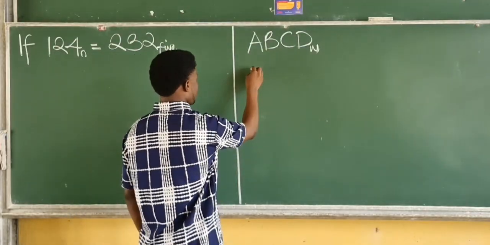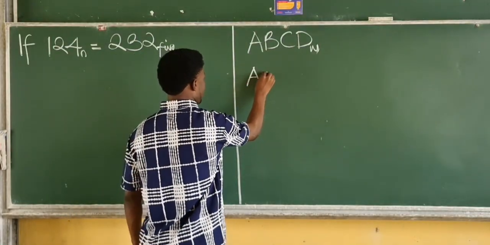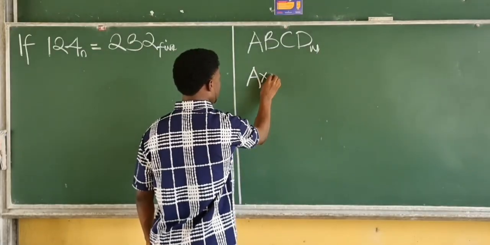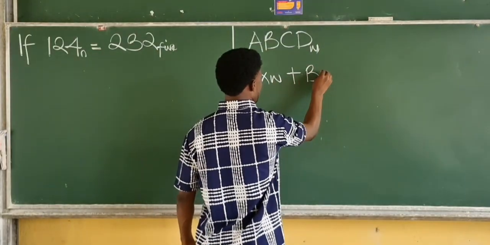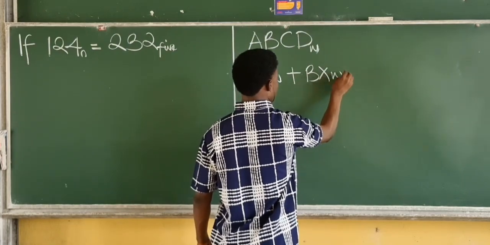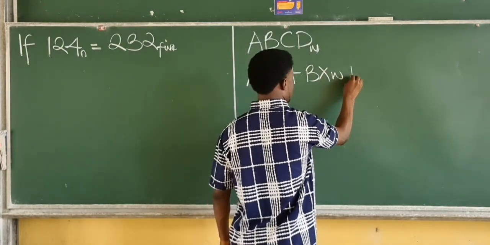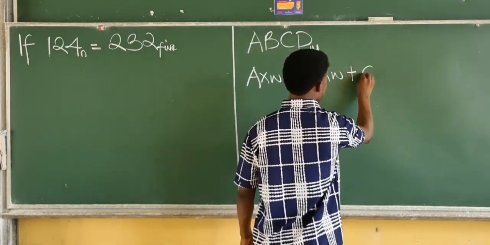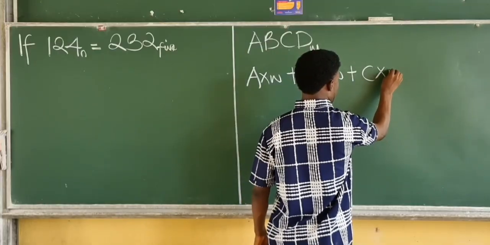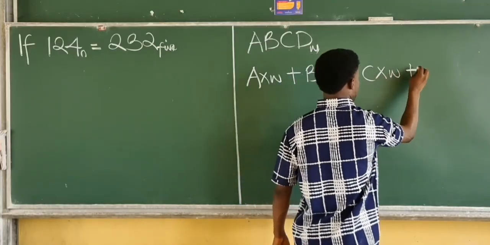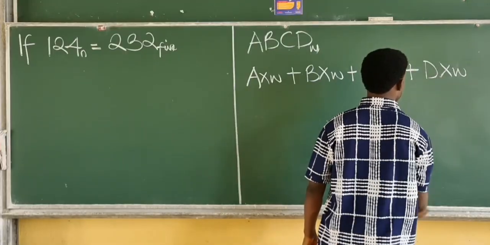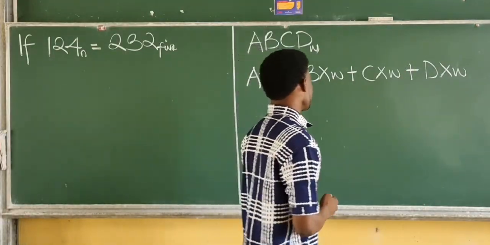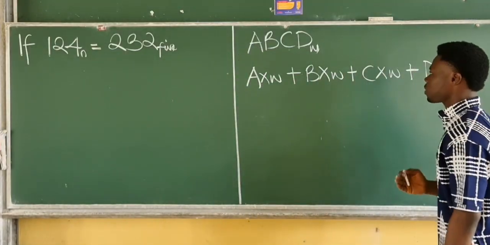Therefore, we have A times W plus B times W plus C times W plus D times W.